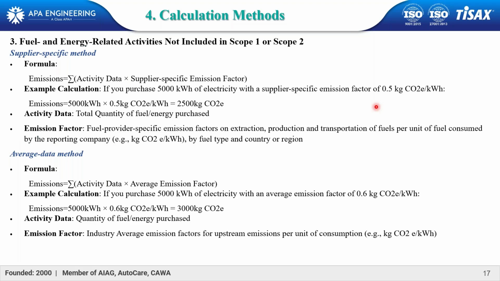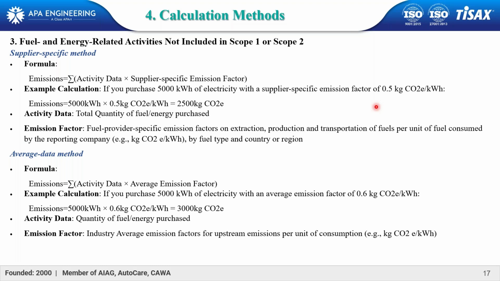The fuel and energy related activities, these are not included in scope 1 or 2. So this includes the activity data and emission factors from the energy production company or the energy grid that we purchase electricity from.